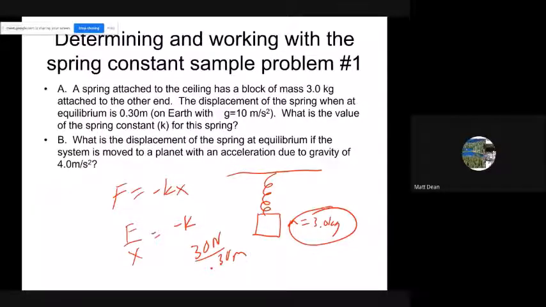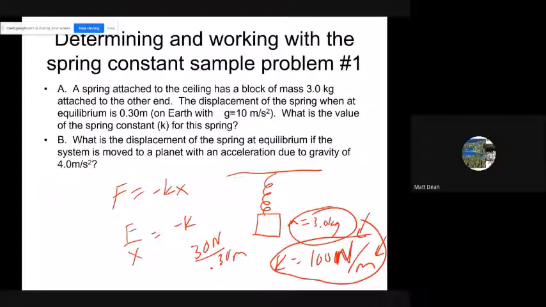So if we divide our 30 by our 0.3, we end up with 100. And notice that the units on this are 100 newtons per meter. K is always going to be measured in newtons per meter, at least in this class.